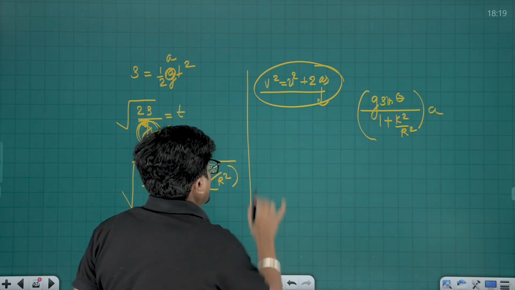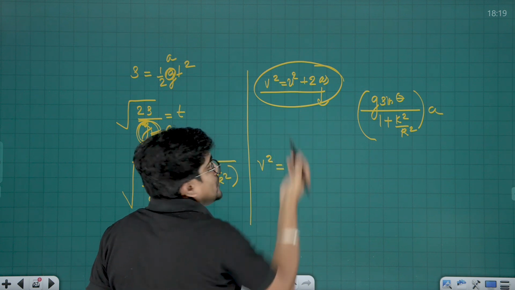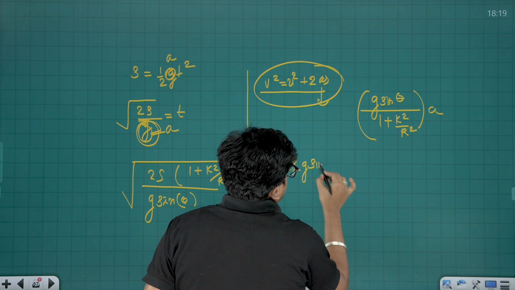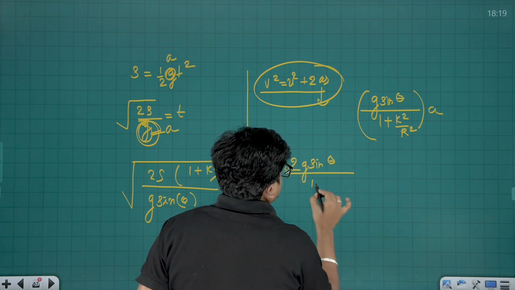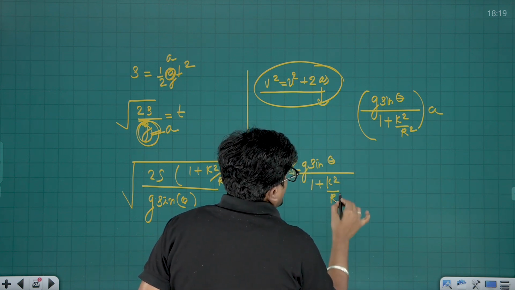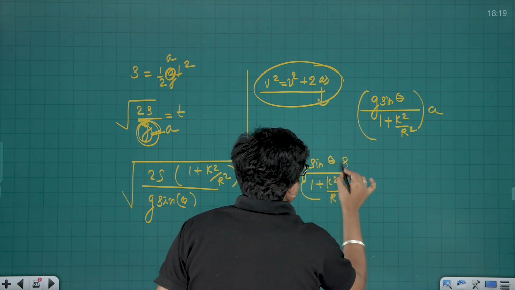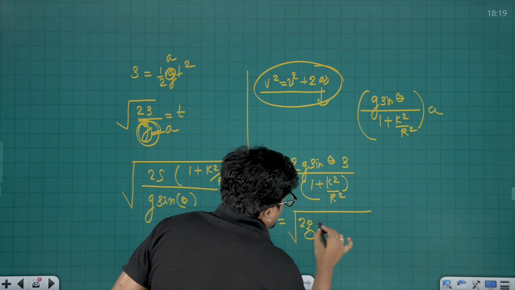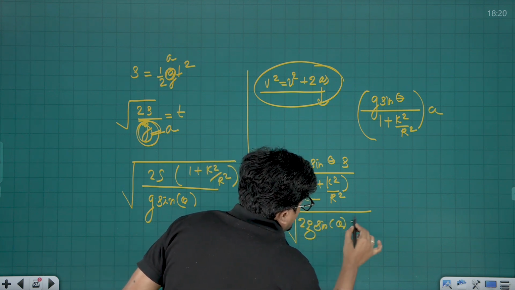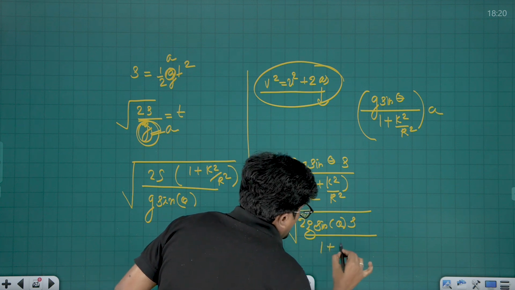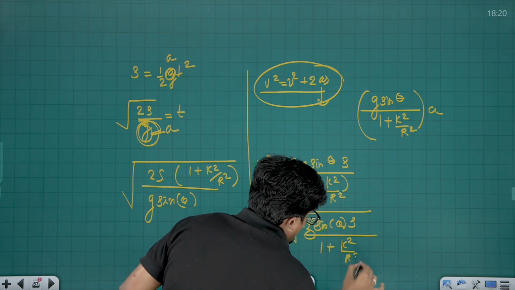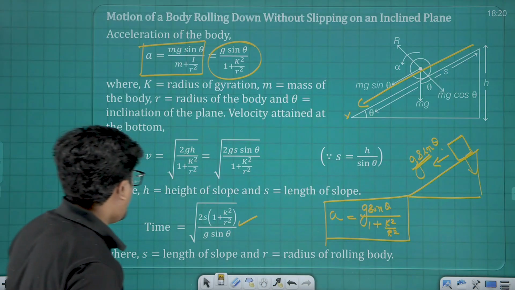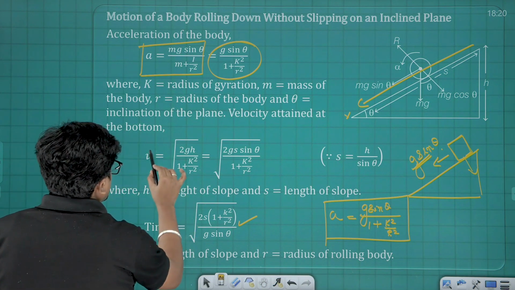So v square equals, u is 0, 2 into g sin theta all divided by 1 plus k square upon r square, into s. So definitely v is going to be the square root of 2 times g into sin theta into s all divided by 1 plus k square upon r square. The root includes this one as well. Now have a look, here you have the expression for v.